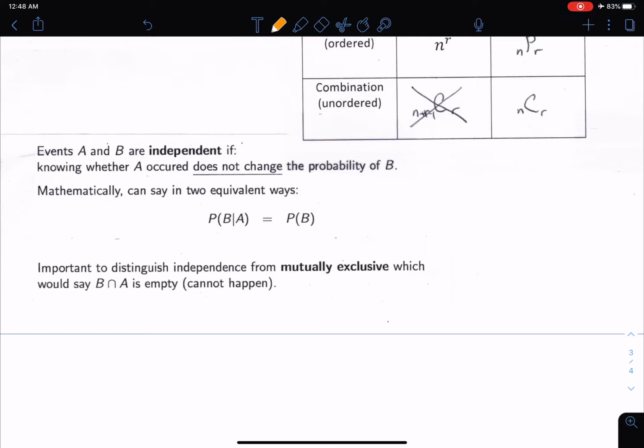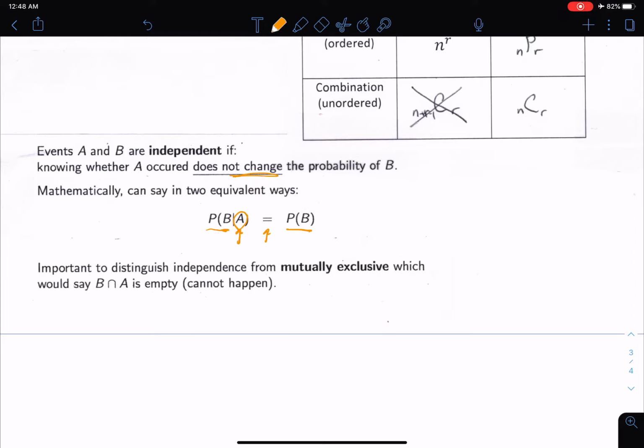Events A and B are independent if knowing whether A occurs does not change the probability of B. Mathematically, if the probability of B given that A happens is equal to just the probability of B, that means A did not change the probability, and so that would prove that A and B are independent. So if you have B given A and the probability of B, you can see if they're equal or not, and that could tell you if they're independent or not.